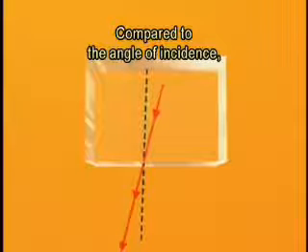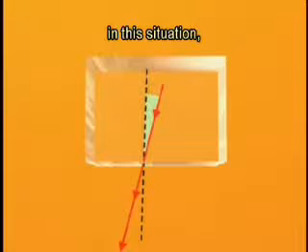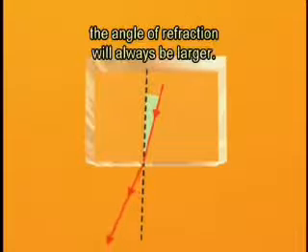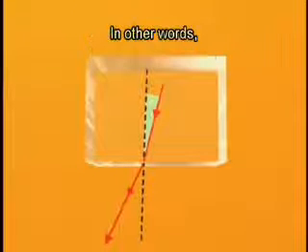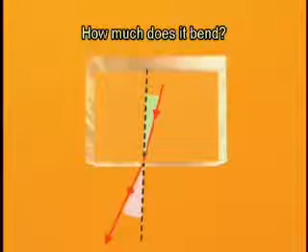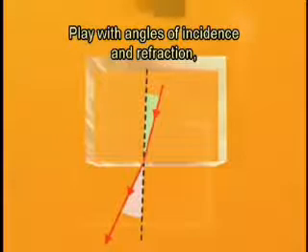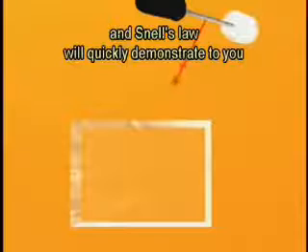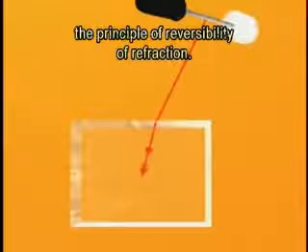Compared to the angle of incidence, in this situation, the angle of refraction will always be larger. In other words, the light ray always refracts away from the normal line. How much does it bend? Play with angles of incidence and refraction, and Snell's law will quickly demonstrate to you the principle of reversibility of refraction.